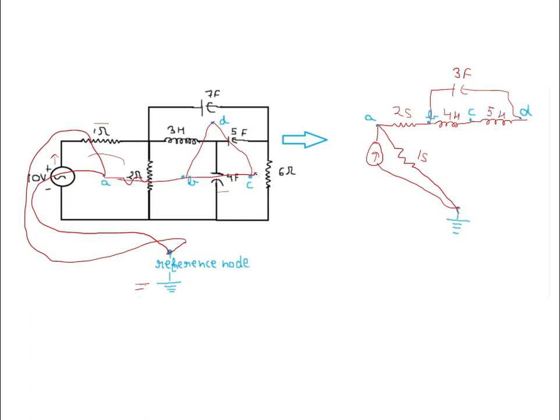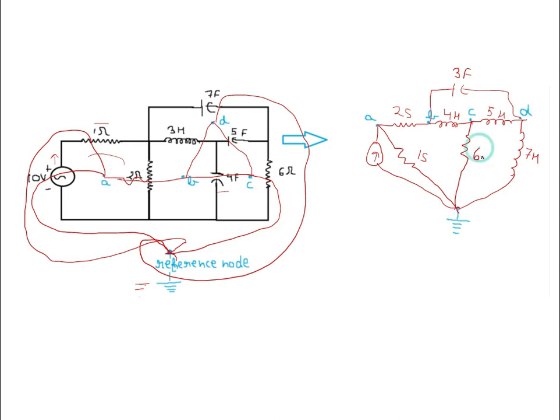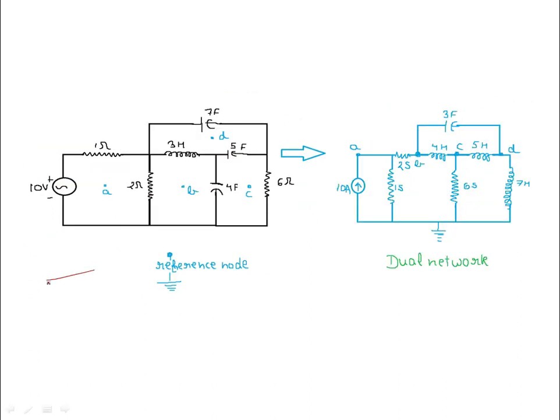And now what is left? This 6 ohm and 7 farad. So now D is connected to the reference node. 7 farad will become 7 Henry and 6 ohm resistance will become 6 Siemens conductance. So this was our network, and this is its dual network.